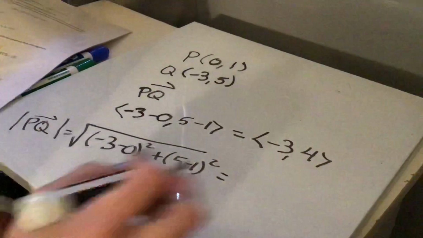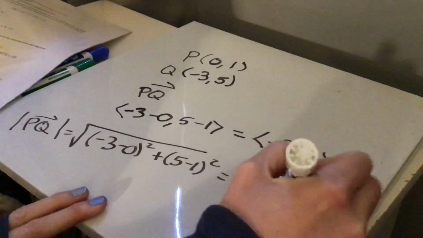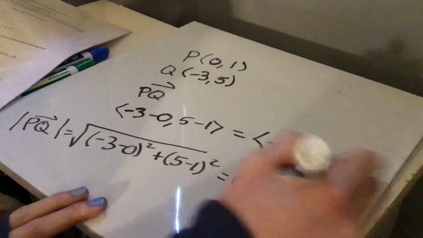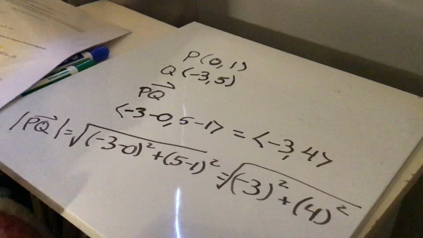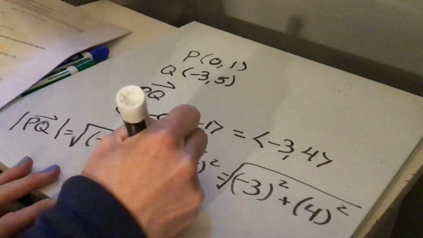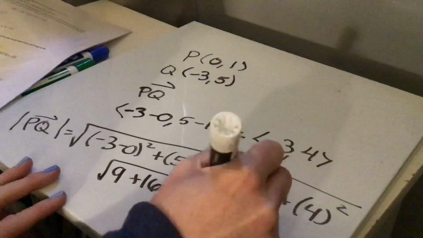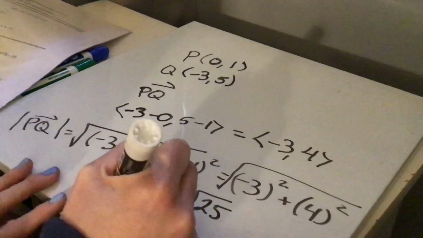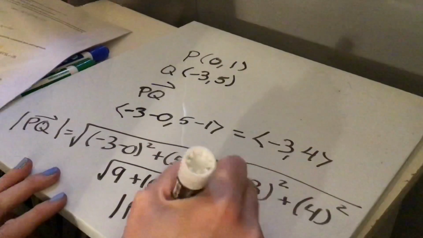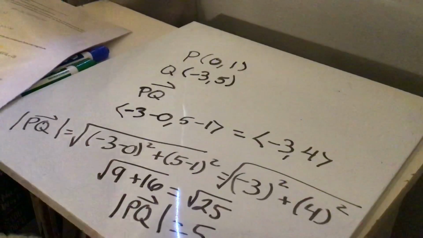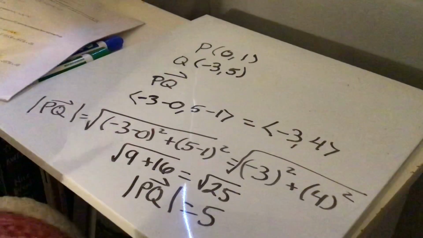So -3 squared plus 4 squared under the square root, which is 9 plus 16, and then the square root of that is the square root of 25. So the magnitude of vector PQ is 5. How long is it, right? It is 5 units long, okay?